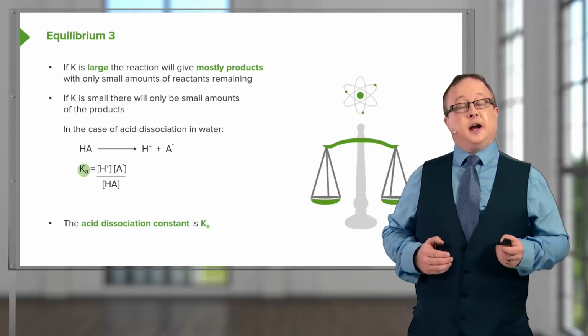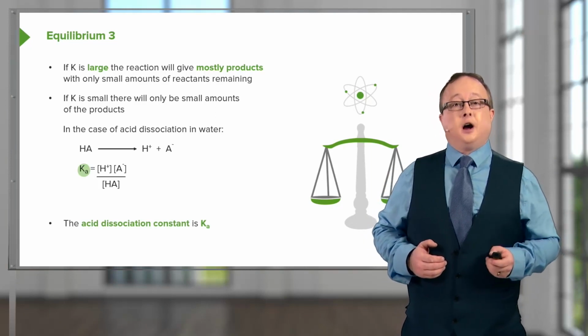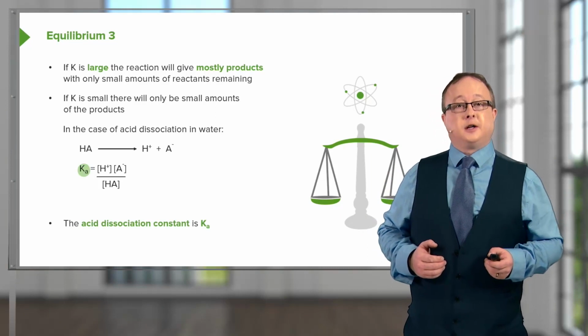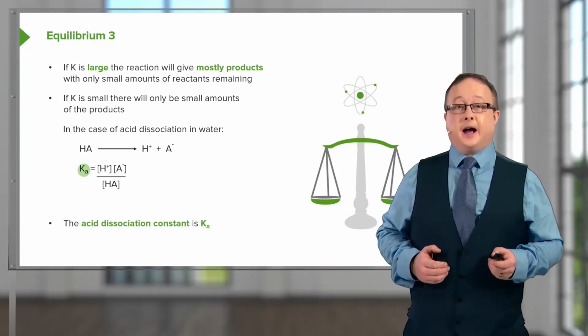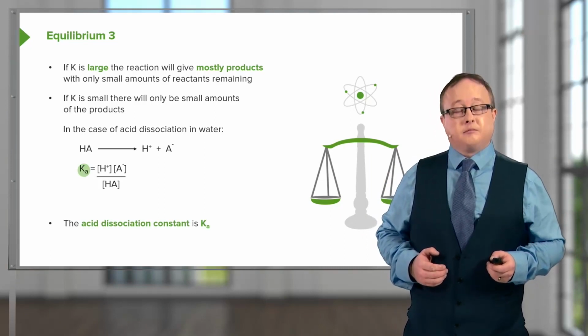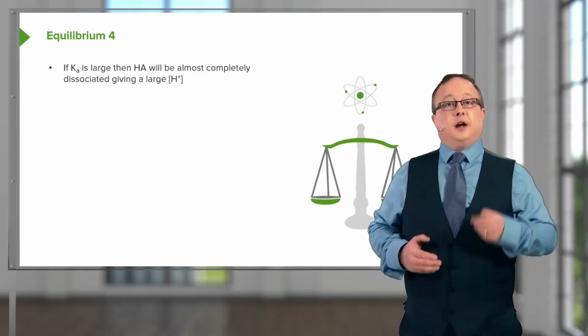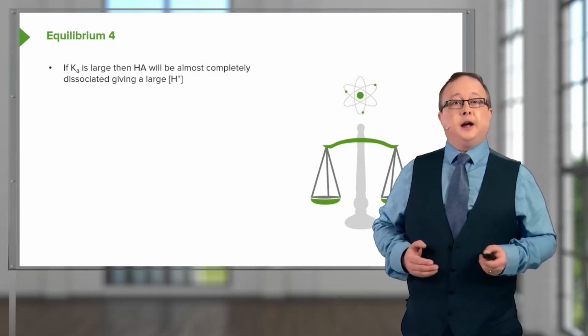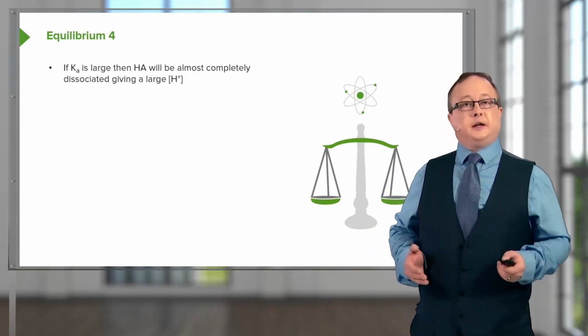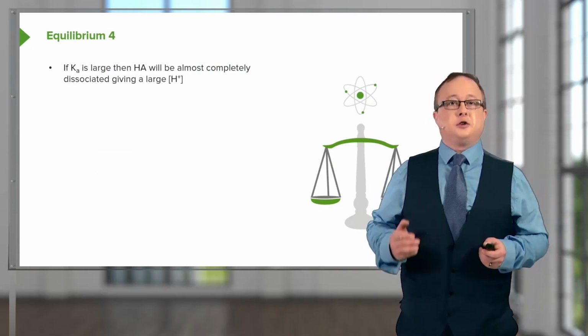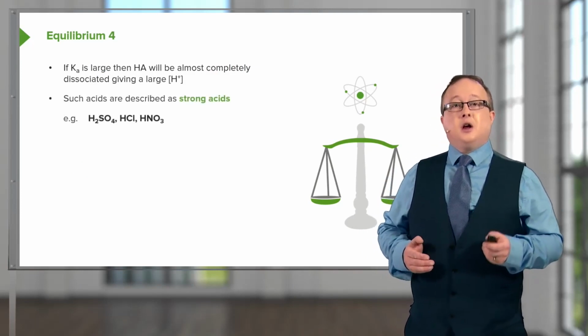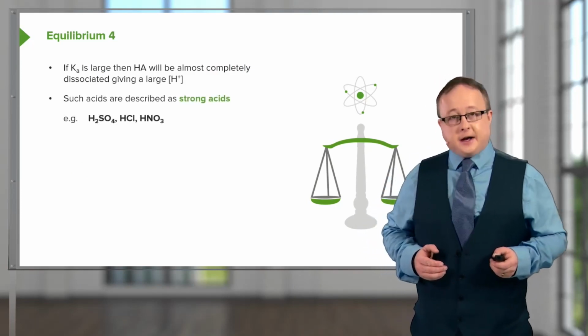The acid dissociation constant, which you will find in any textbooks which deal with this subject, is always given as K subscript A. If therefore Ka is large, it stands to reason that HA, our acid, will be almost completely dissociated, giving a large concentration of H plus. This is common in strong acids.